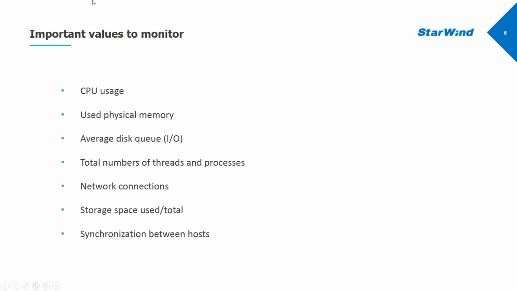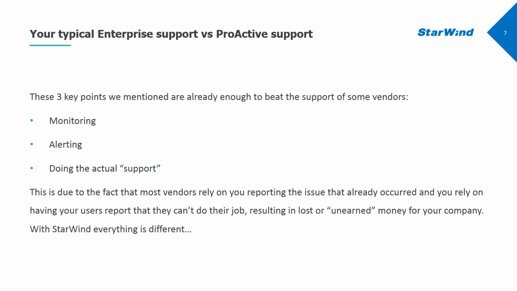Yes, so basically the things that Alex mentioned would be pretty much enough to cover the support of some vendors. Now, that being said, it is very important to understand that the three key values that were given are monitoring, alerting, and doing the actual support. So what this means is that you trade off your time for money.